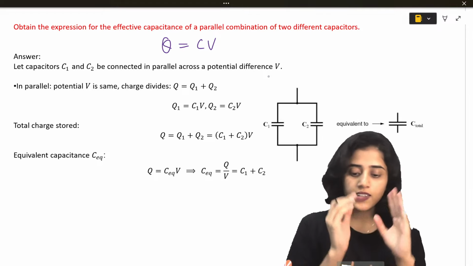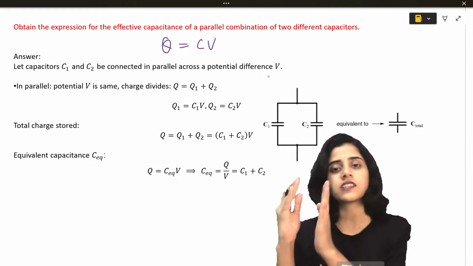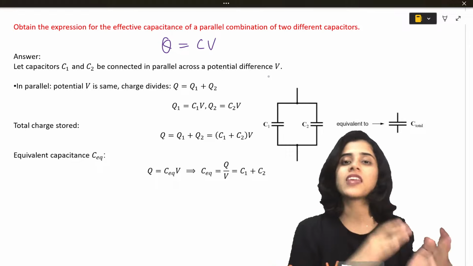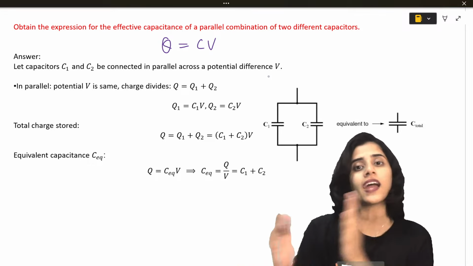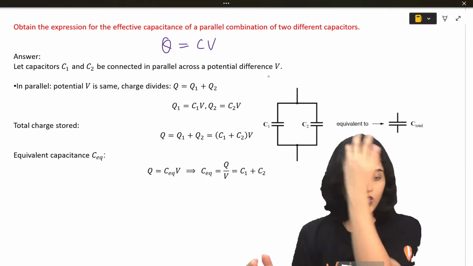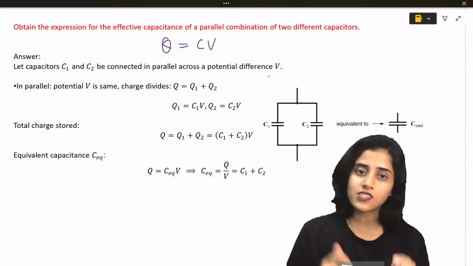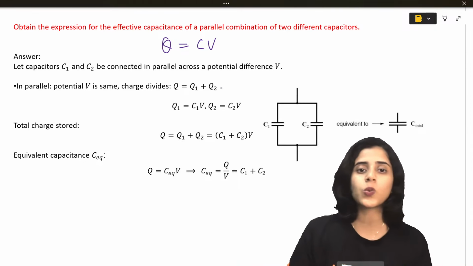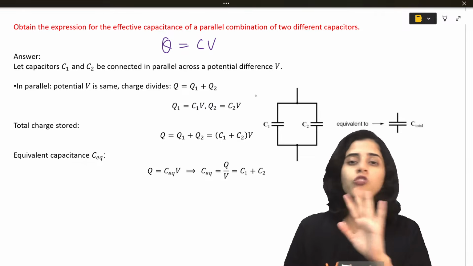So here, capacitor 1 has a charge of Q1, capacitor 2 has a charge of Q2, but they both have the same voltage. In series combination, they both had charge Q, but V1 and V2 were the voltages. Here charge is different, but voltage is the same. So how will I write my equation? I will write it in terms of charge, but V will be the same, no V1, no V2.